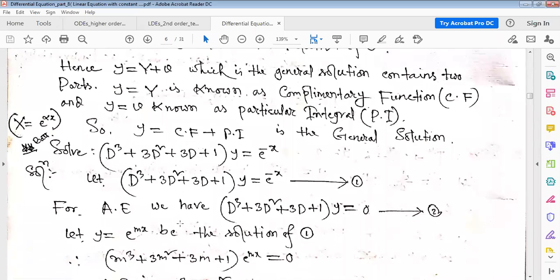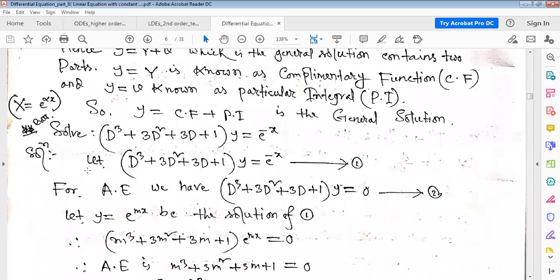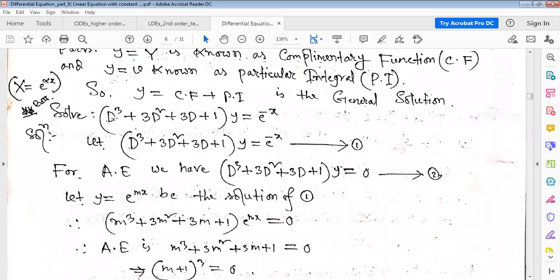Now concentrate on an example. Suppose we try to solve this differential equation. This is the third order non-homogeneous differential equation: D cube plus 3D square plus 3D plus 1 into y equals e to the power minus x. That means the right hand side is not 0. Let this be the given differential equation.